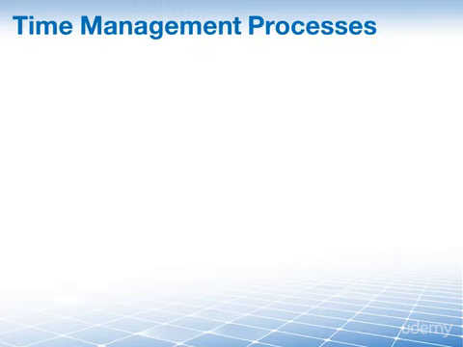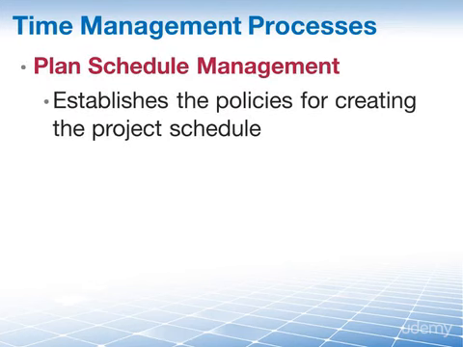And for this, the PMBOK guide offers us 7 processes. The first one is Plan Schedule Management, the process of establishing the policies, procedures, and documentation for planning, developing, managing, executing, and controlling the project schedule. This tells us how we are going to manage time in our project.